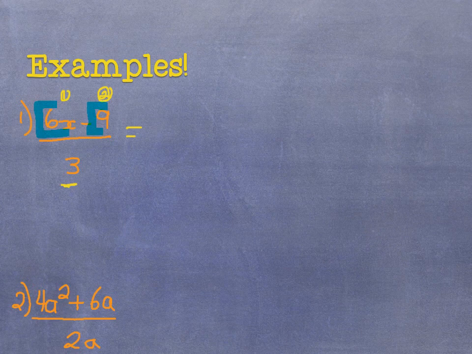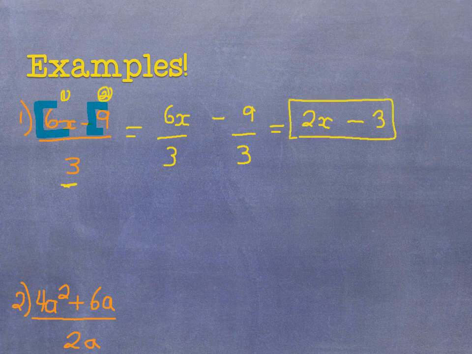Okay, so all you're going to do is split them up. So I'm going to get 6x minus 9, and I'm going to divide each of these by the monomial. And then I'm going to solve. So 6x divided by 3 is 2x, minus 9 divided by 3 is 3. And that's the answer, okay? The answer doesn't need to be one full number. It can be an expression. So this here is an expression, and that is the answer.